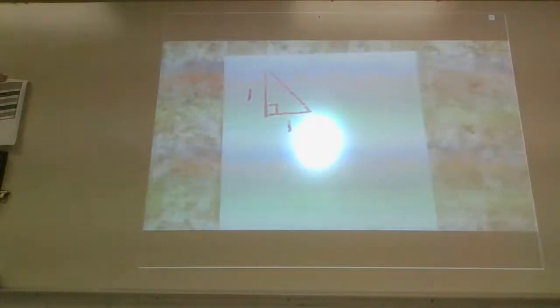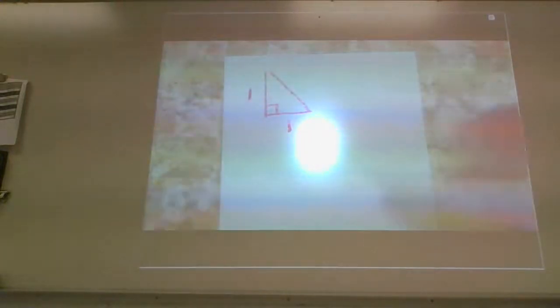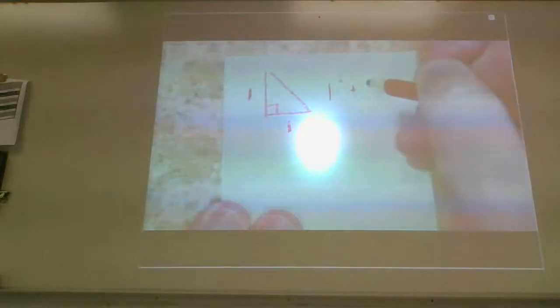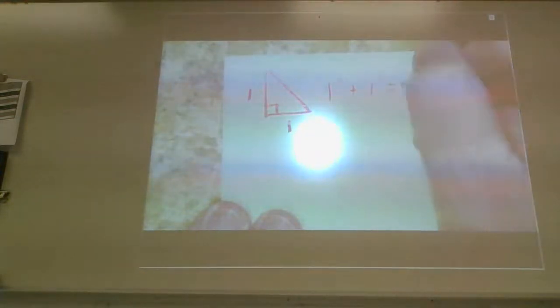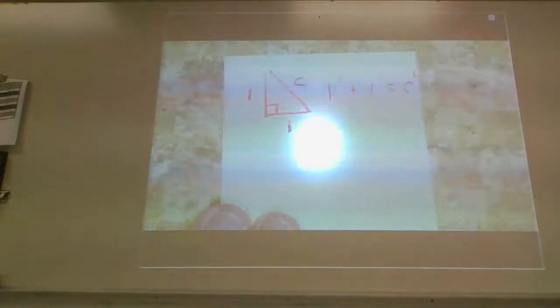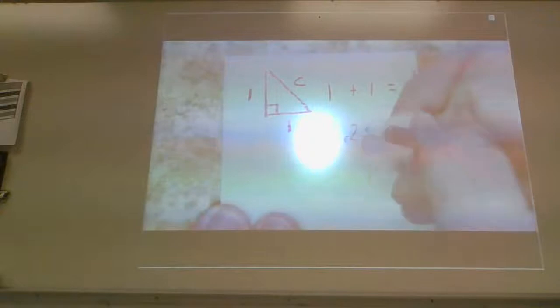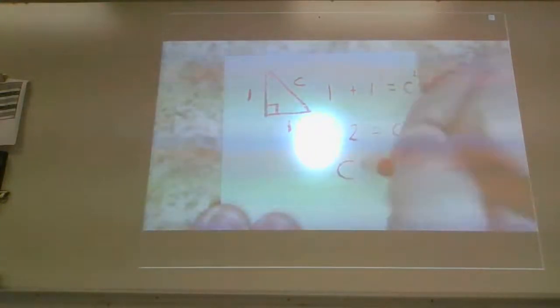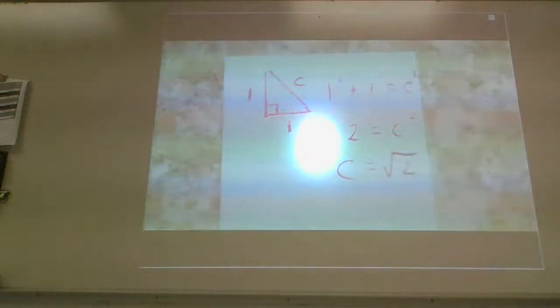You know the Pythagorean theorem, but if you had a right angle triangle with sides 1 and 1, 1 squared plus 1 squared would equal c squared, c being right there, where you would get 2 equals c squared, or c would equal the square root of 2.